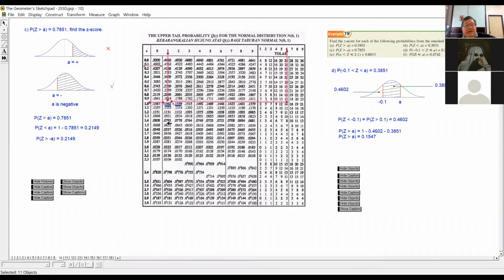If you choose 0.1562, the difference with 0.1547, 62 minus 47, is 15. The nearest one is 14, so we choose 14, and 14 corresponds with 6. So the answer is 1.016. Is that correct?